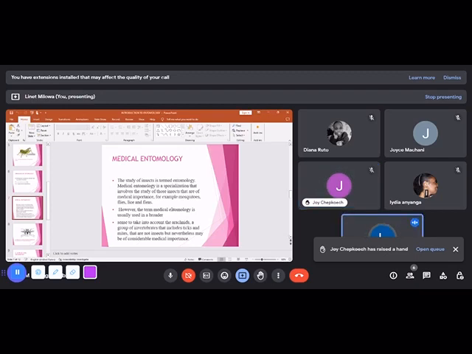You realize that mosquitoes always transmit malaria, so they are of medical importance. Other examples are flies, lice, and fleas. We must study those insects so that we can see how to prevent the transmission of various diseases brought by these insects.